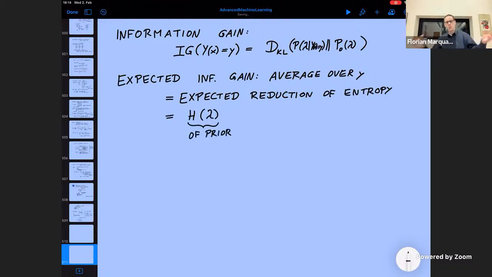That's a measure of how widespread is your lambda distribution. And then you subtract the entropy, the conditional entropy. And now when we write it like this, you remember, this is not the entropy for a particular value of y, but it's the entropy where I already average over all possible values of y.